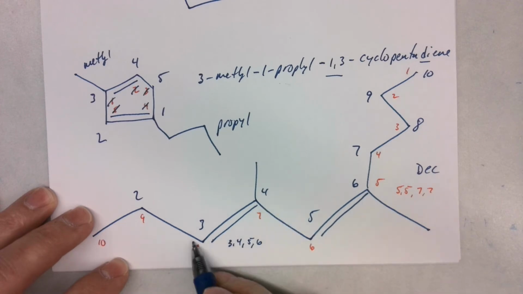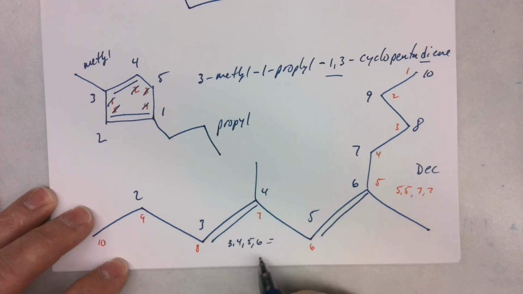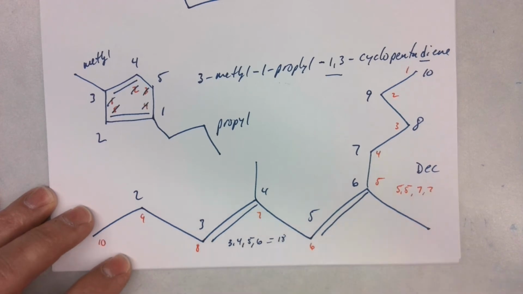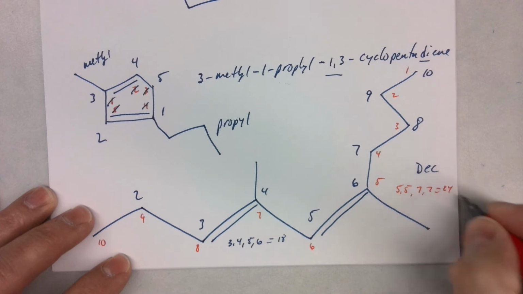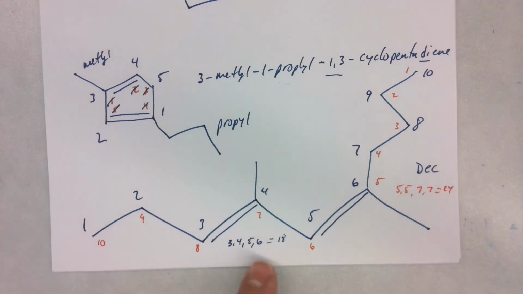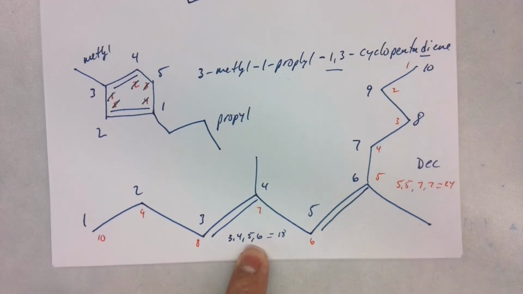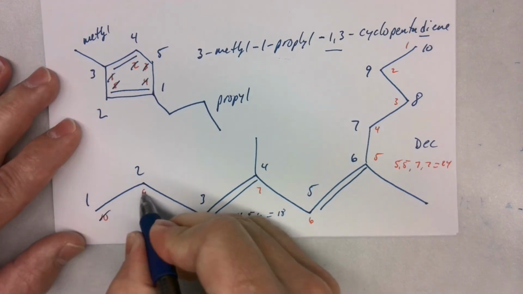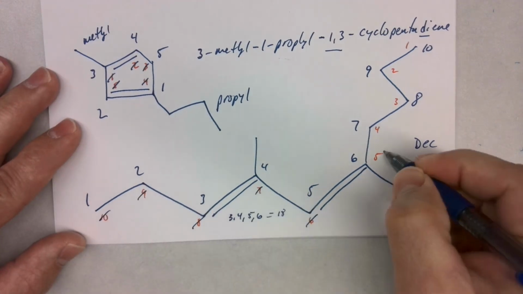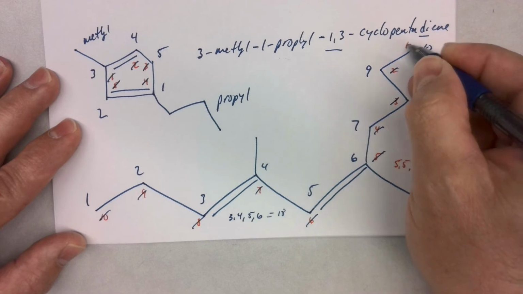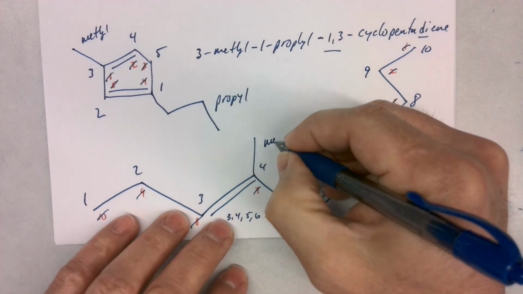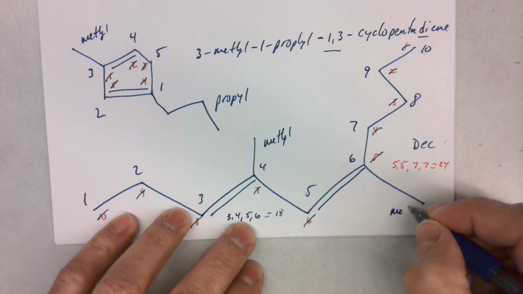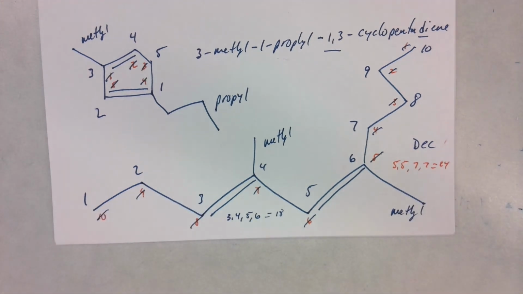So I always number the double bond with the first number. Well, this sum is, what's that, 18? This sum, though, is 24, right? So wouldn't I go with the blue sum? That's going to give me the lowest possible sum, correct? Yes. Okay. So then, I'm going to get rid of the red numbers because they're wrong. Now, I've got a methyl there, and I have a methyl there, so this is going to become a what?